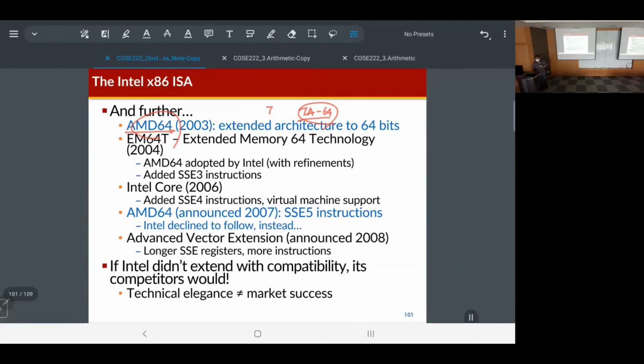So Intel tried to make a new instruction set architecture called IA64 that supports 64-bit instructions and 64-bit data. Intel also made new CPUs called Itanium.